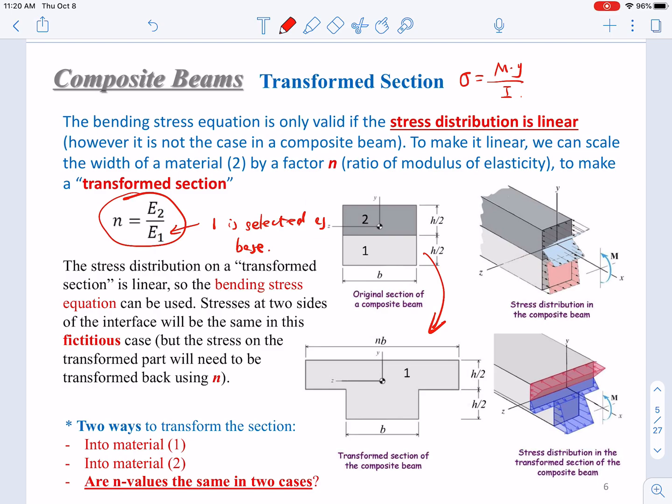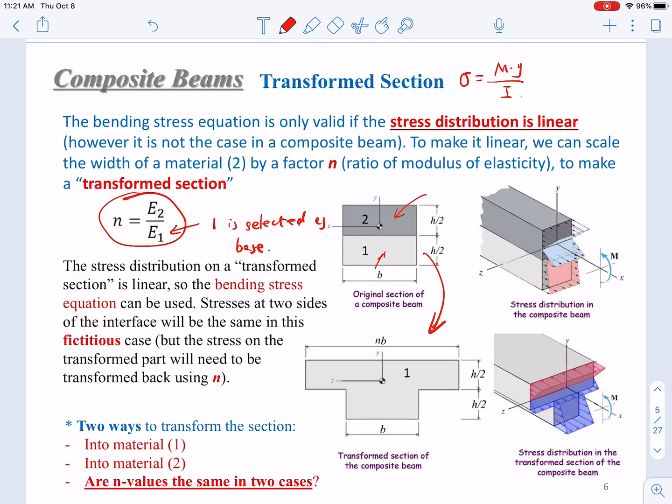Then we can calculate the stresses. But the stress on the transformed part will need to be transformed back in the end. After you calculate the stress, the stress in the base material 1 will not need to be transformed, but the stress calculated in section 2 will need to be transformed back. What is the case?